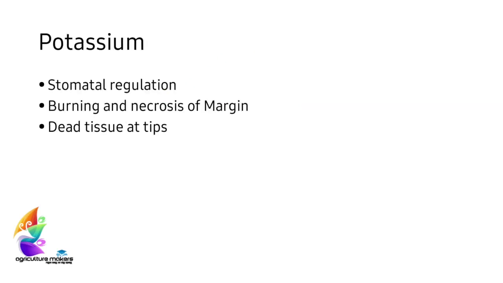Coming to the next thing, it is potassium. We all know that potassium helps in stomatal regulation, and it provides disease and drought resistance in plants, and it is useful in chlorophyll formation. The key symptom in potassium deficiency is scorching and burning symptoms causing necrosis of margin.